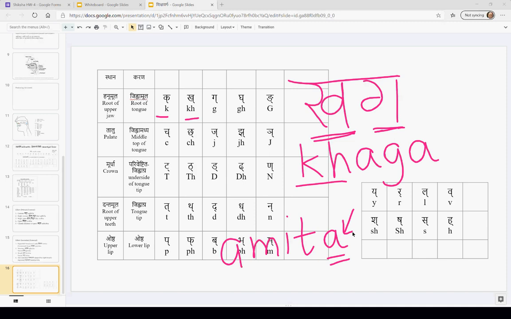So we have to pronounce it as khaga. Leave that. Relax at the end. Khaga. Can you do that again? Khaga. Yeah. Right. So do not shorten at the end. Khaga. Yoga. Khaga.